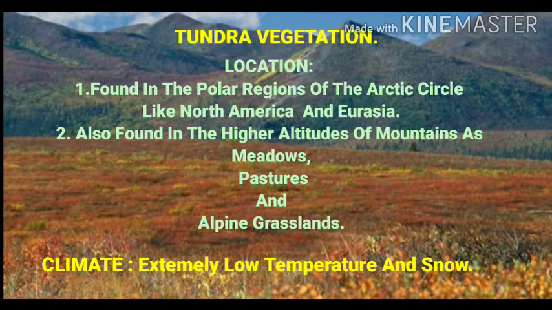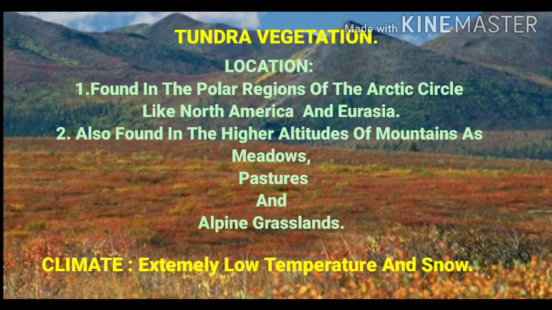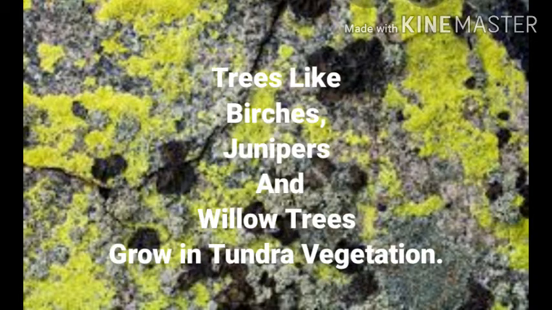These include mosses and organisms like lichens, as also shrubs. The trees found in the tundra vegetation include birches, junipers, and willow trees.